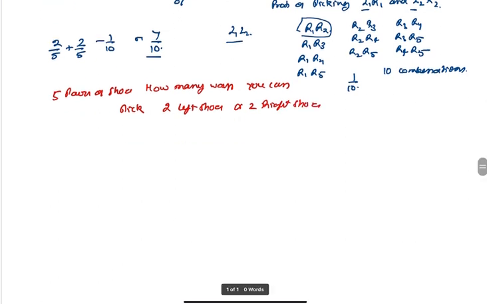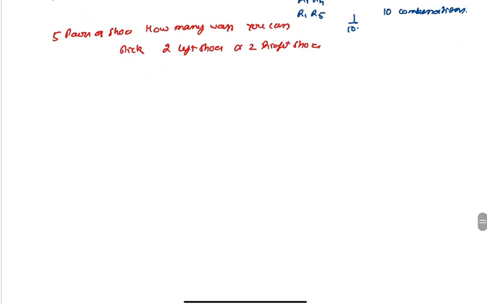Now this is a little tricky because you would think that picking L1 you will do in 5 ways, so you can pick L1, L2, L3, L4, L5, and then the other shoe you will pick in 4 ways. So there are 20 ways, 5 times 4 is equal to 20.